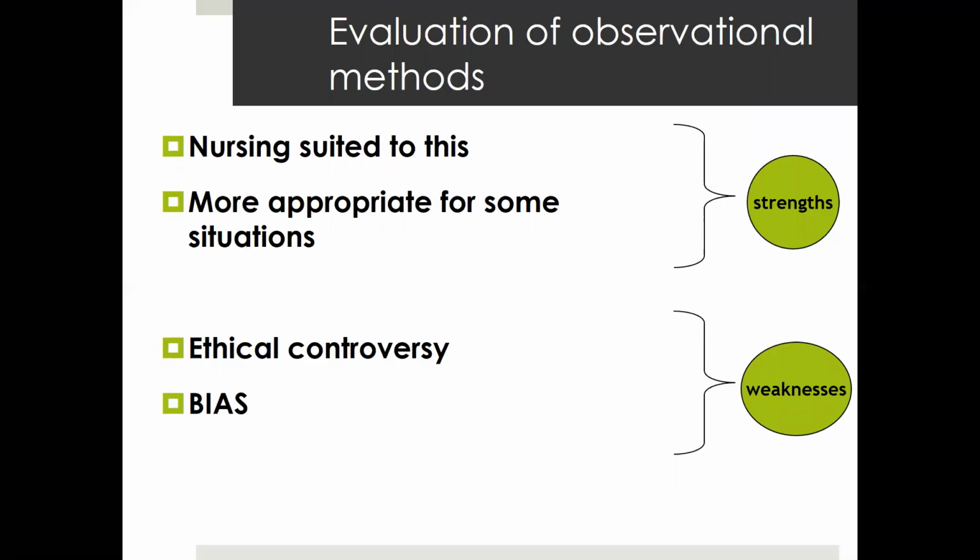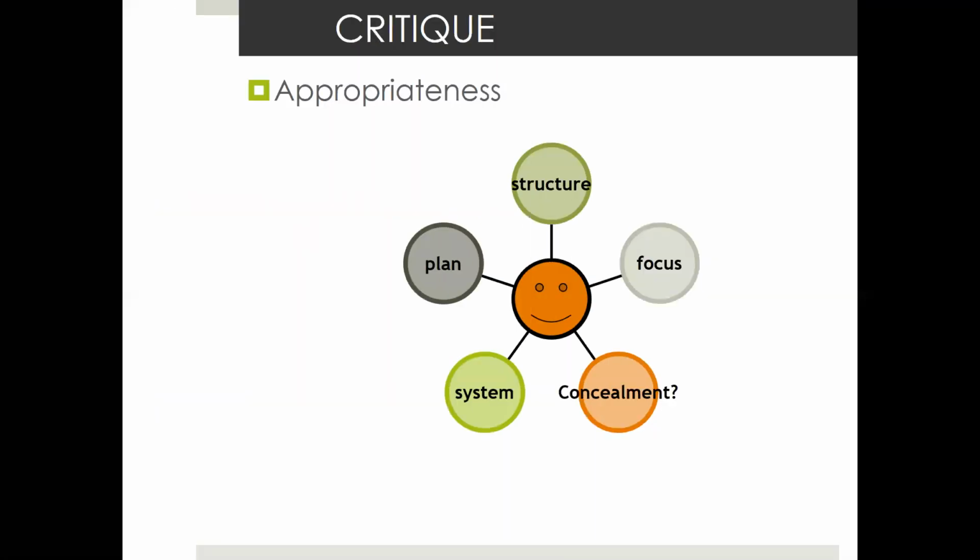For example, especially if a researcher doesn't report all the things that they are actually observing about a situation, other people might feel kind of duped if they thought someone was their friend and they were really not being a friend, they were really being an observer for a research purpose. And another weakness of observation is our inherent bias that colors everything that we see.